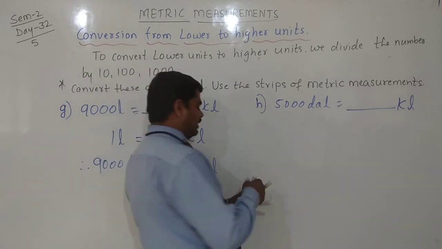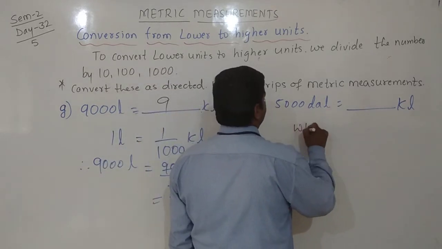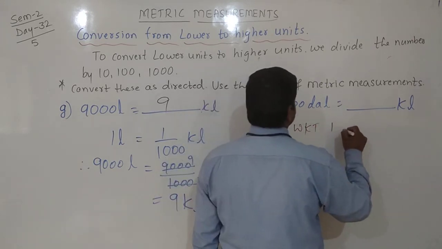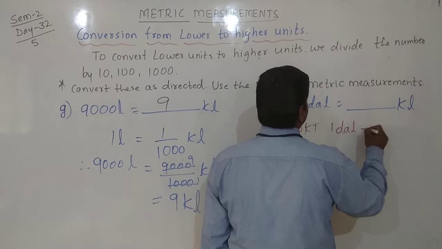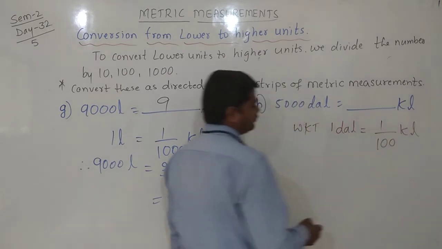Then only 2 places. We know that 1 decaliter is equals to 1 by 100 kiloliter.